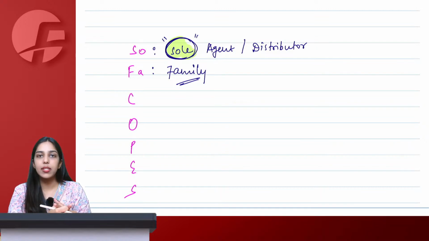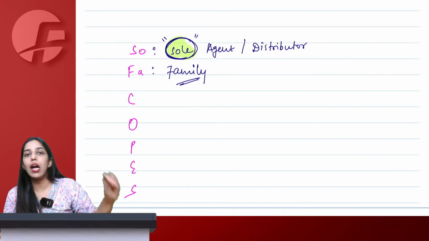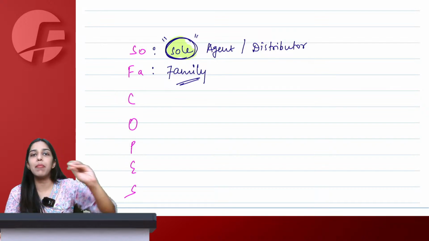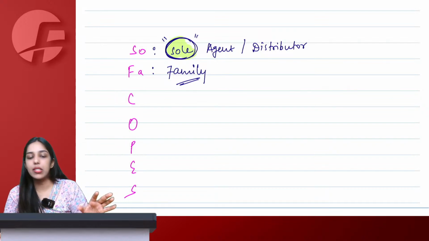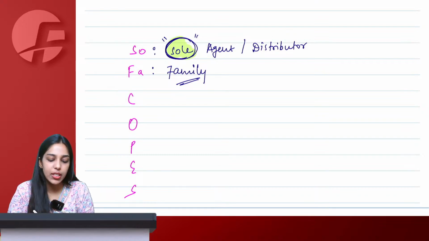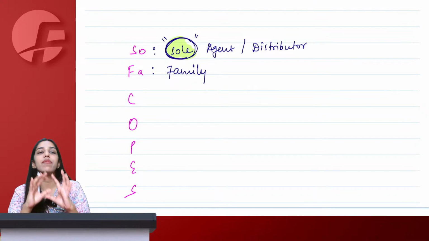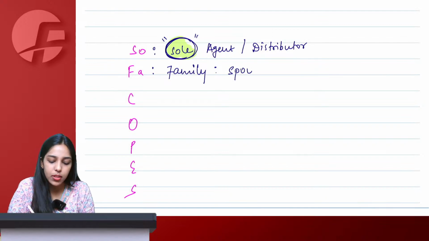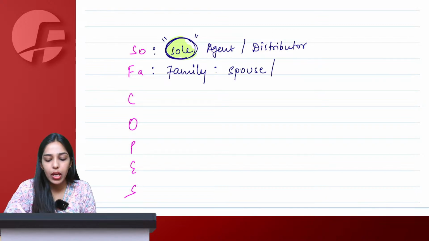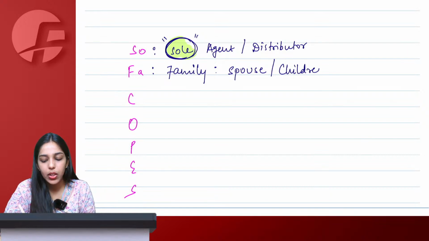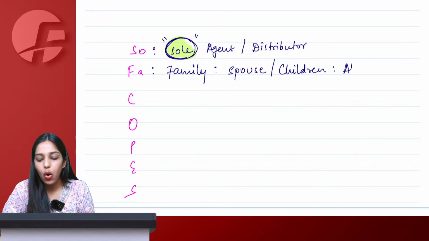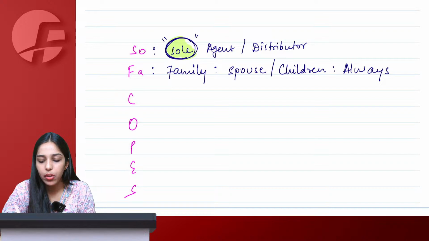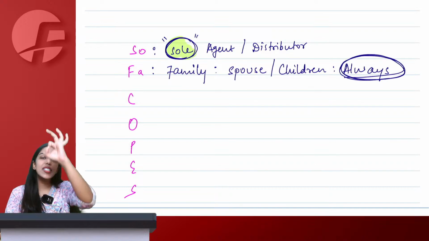Obviously, family people would be related person, but the family in GST is very much restricted. Like in income tax, we consider even uncle, aunt, maternal uncle, paternal uncle, everyone, mama, chacha, everyone as family. But in GST, the scope of family is very narrow. GST says your spouse, meaning your husband or wife, and your children will always be your related person without a second thought.